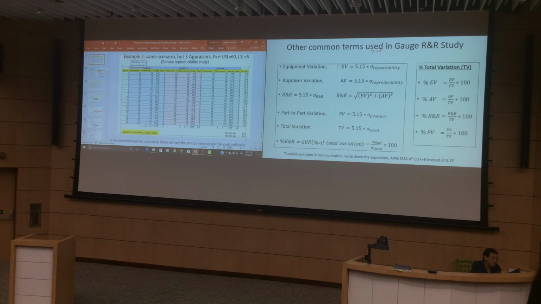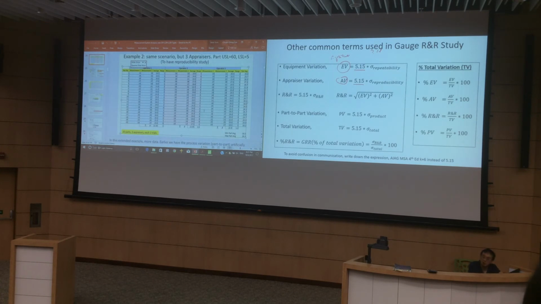Remember this EV, equipment variation, is our repeatability, right? Appraiser variation is our reproducibility. Earlier they used 5.15. I think they still stick to 5.15, but they recommend using 6 from the 2010 edition onwards, something like that.